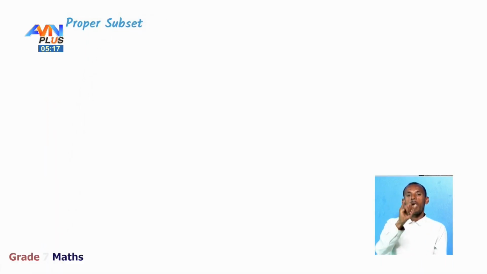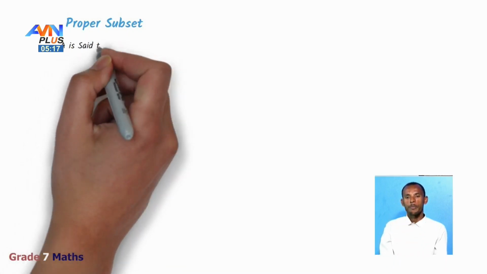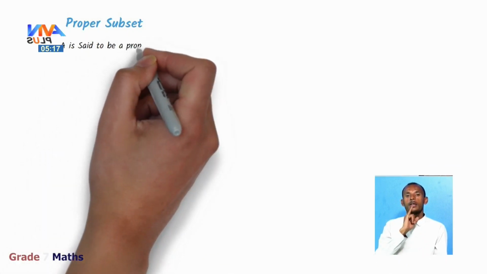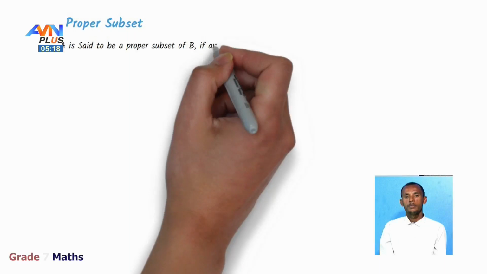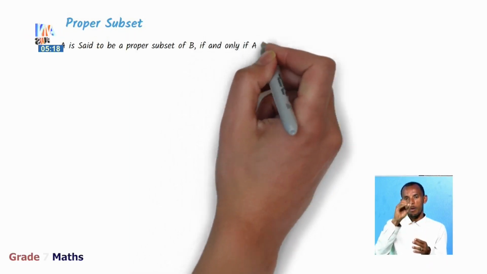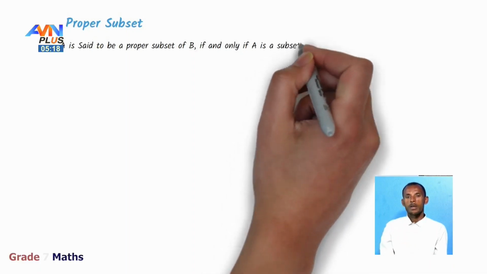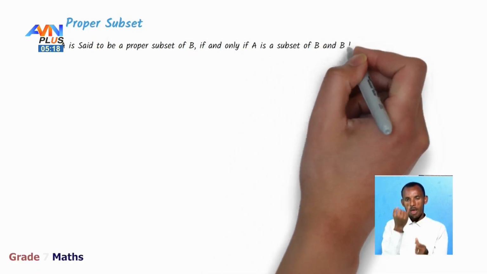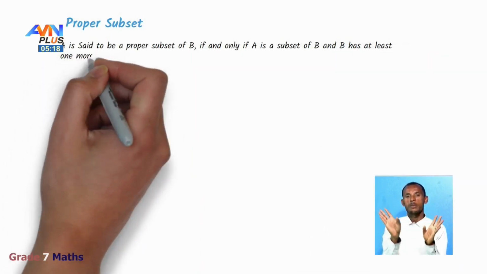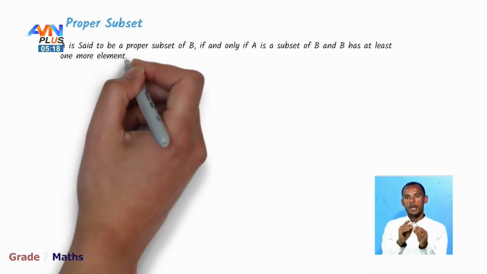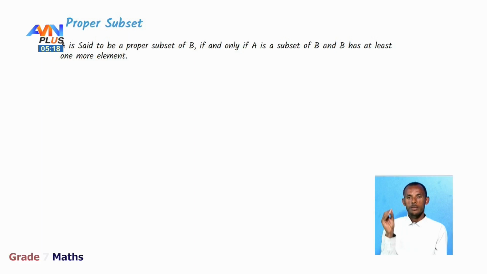A is said to be a proper subset of B if and only if A is a subset of B and B has at least one more element.